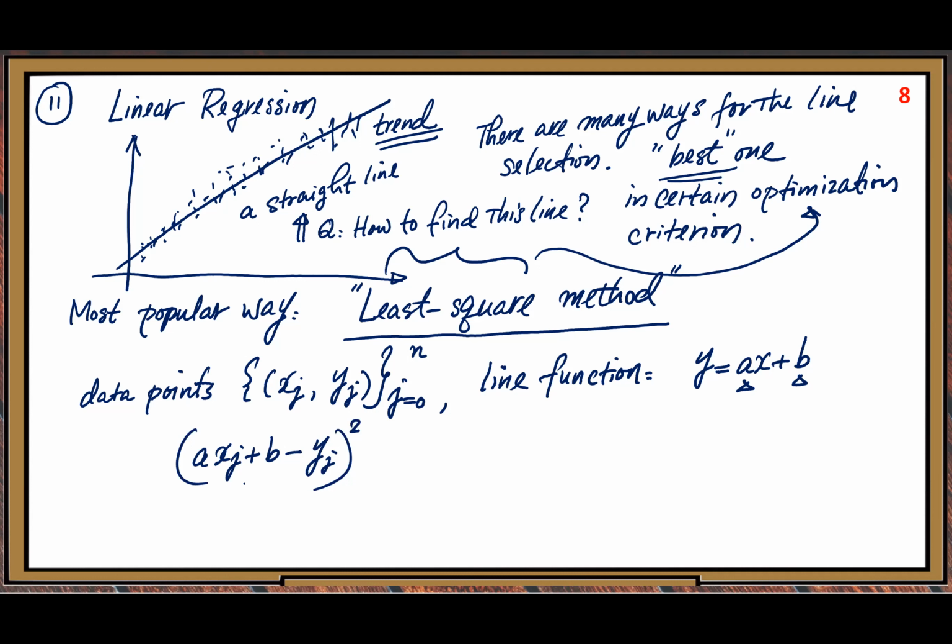This number could be positive or negative, so after we take the square, it becomes non-negative. Now let us calculate the sum of all the squares for all the data points, j from 0 through m.